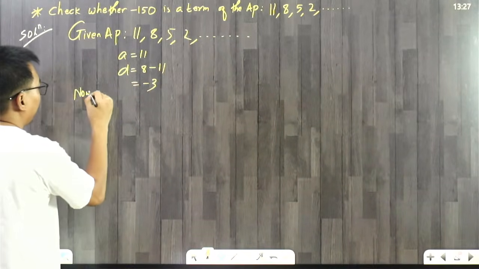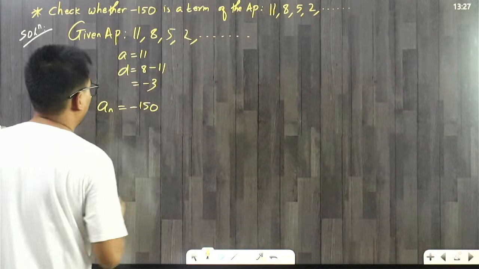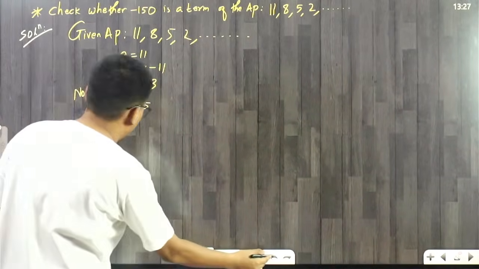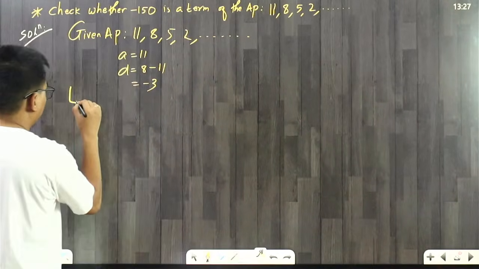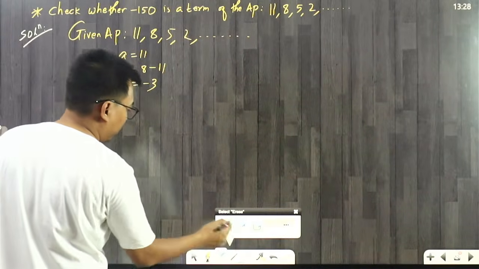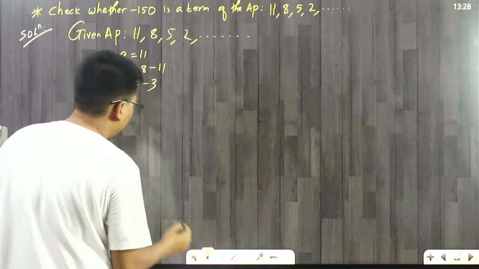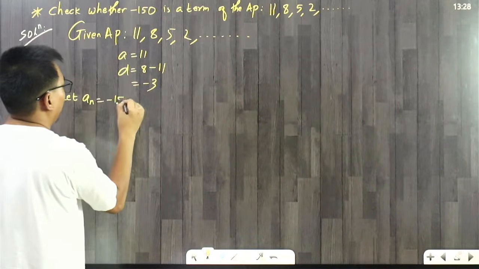Now, since we do not know, let's write it this way. Let AN be equal to minus 150.